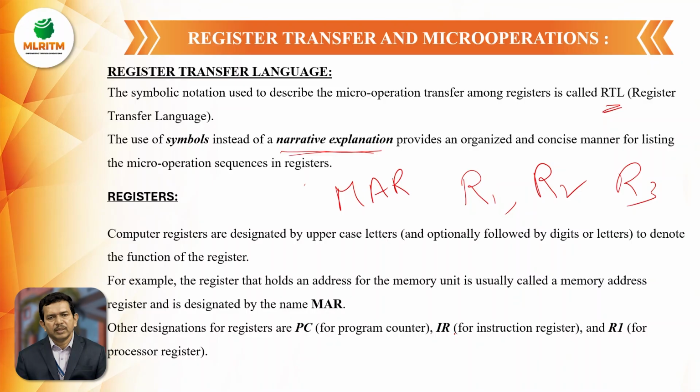Altogether, we have basically 16 registers which are listed and frequently used. So we have a number of registers in a digital computer. Other than that, we have to make a list of registers which are used frequently for executing arithmetic operations, logical operations or shift operations.